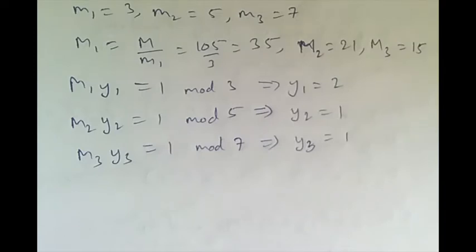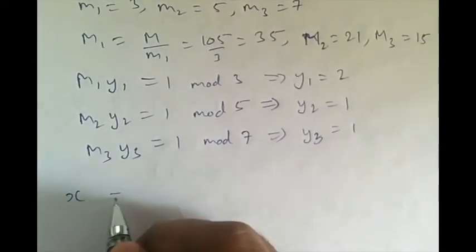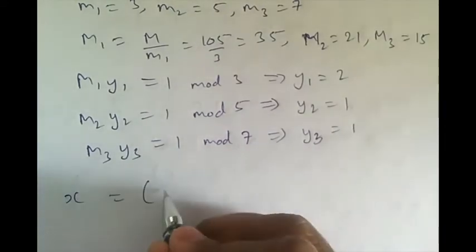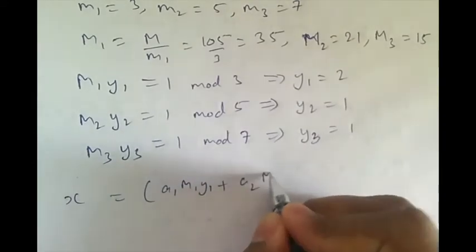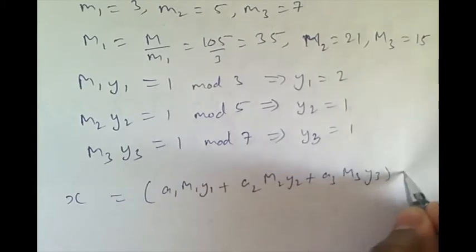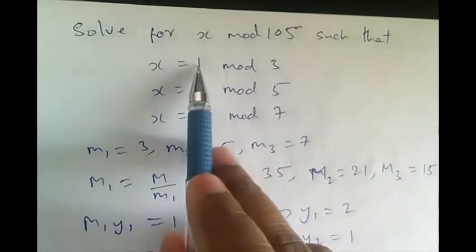So we have y1, y2 and y3. Now the answer is x is a1 M1 y1 plus a2 M2 y2 plus a3 M3 y3 mod 105. So a1, a2, a3, very easy to remember, is 1, 2 and 3.